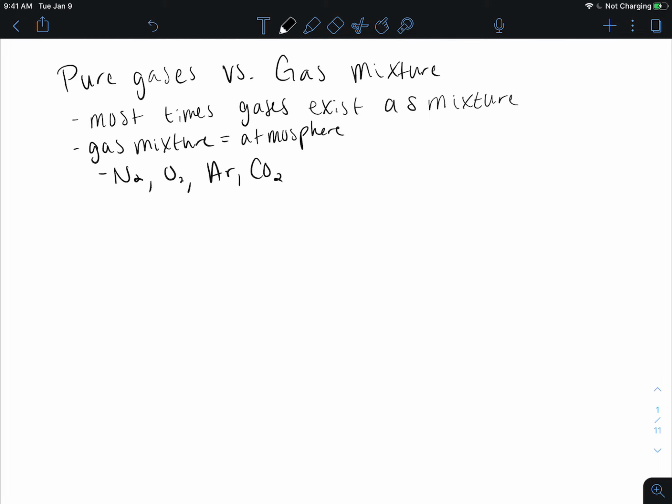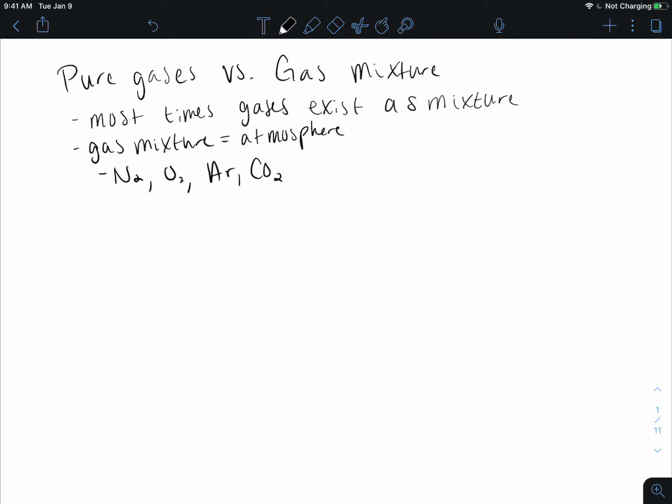So most of them are gas mixtures. You're going to see pure gases when you actually go to a place to buy gas. You can get pure gases that have been isolated out using some sort of filtration method, but most of them would be gas mixtures.